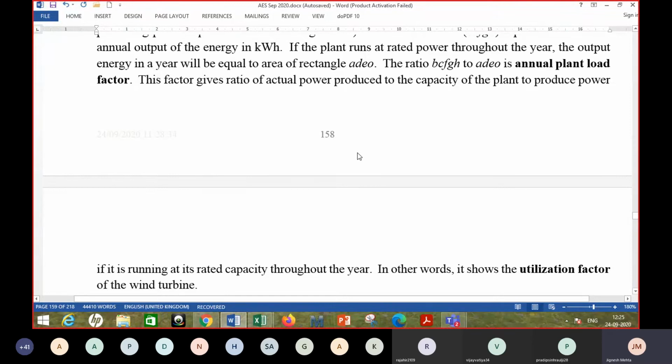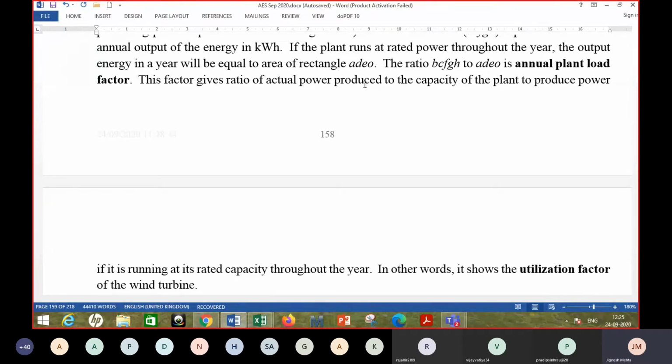And these utilization factors are generally not very high for renewable energy sources, whether it is solar or wind. Later on we have some data about this, what is the annual plant load factor or utilization factor for the wind turbines. So you will get some idea about what that number could be, but it will not be as high as a thermal power plant.